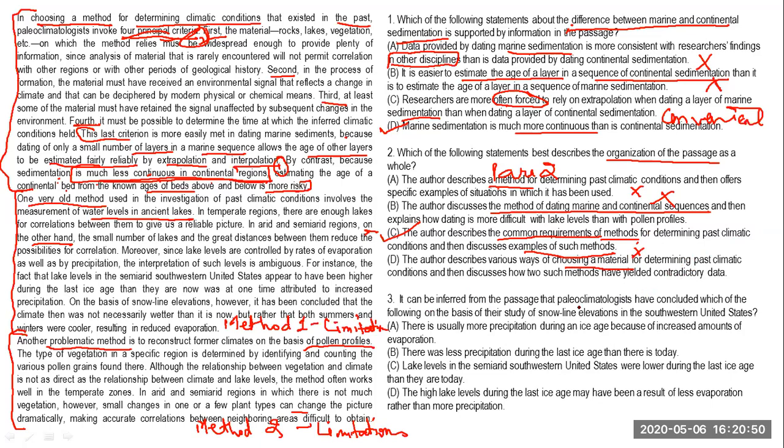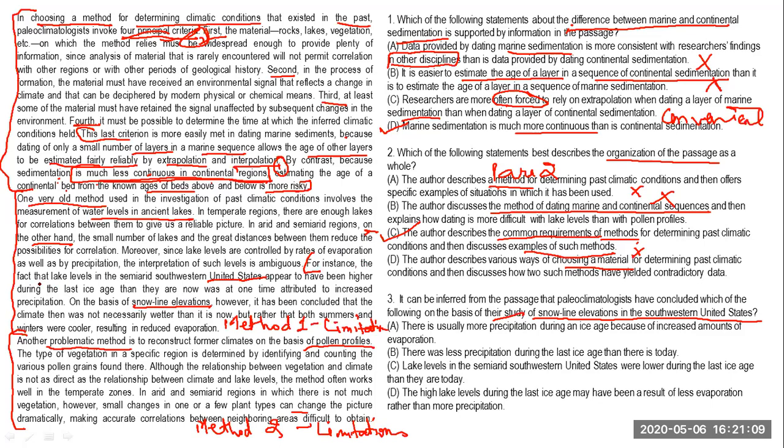It can be inferred from the passage that paleoclimatologists have concluded which of the following on the basis of their study of snow line elevations in southwestern United States. This is my key phrase here: snow line elevations in southwestern United States. Let's start reading from here therefore.